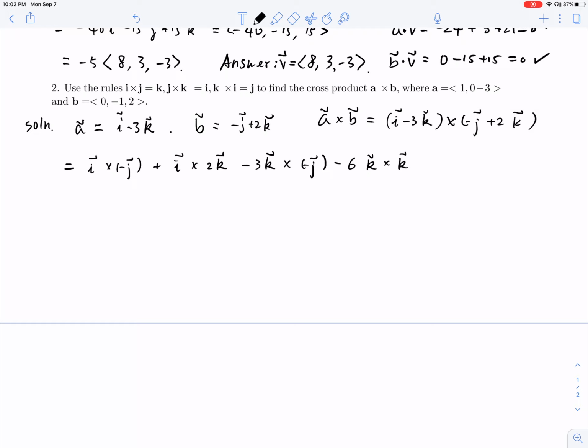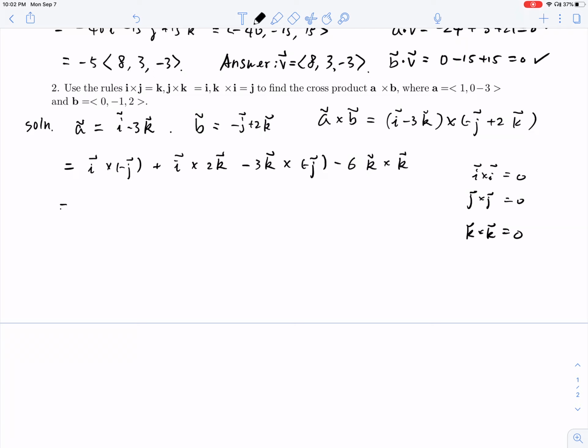Now, we need to remember one thing is that i cross i is equal to 0, j cross j is equal to 0, and k cross k equal to 0. So all these things are 0.